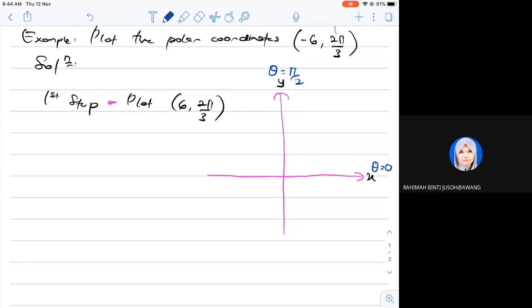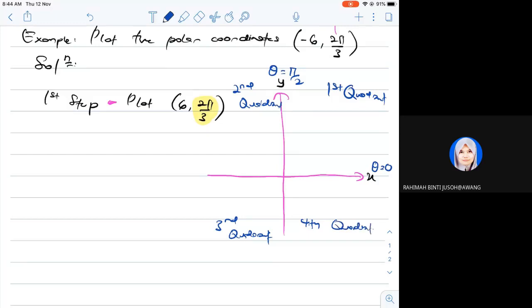So for 2 pi over 3, it should be located where? Let's say here we have first quadrant, second quadrant, third quadrant, and then fourth quadrant.